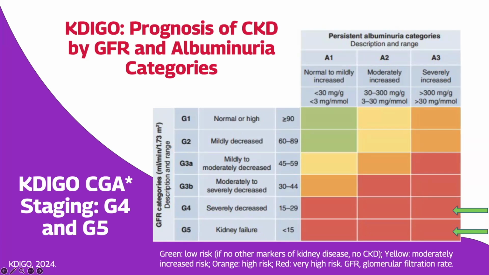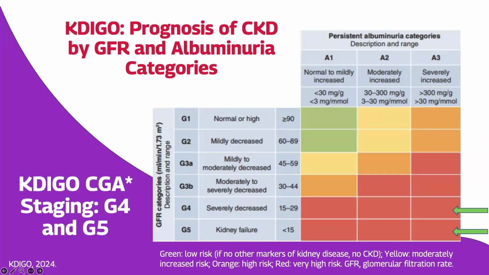So this slide also gives us a visual representation of the KDIGO CGA staging. This visual representation with the color changes emphasizes that the presence of protein in the urine, even in small quantities, changes the level of risk of progression and the severity of the prognosis for CKD.